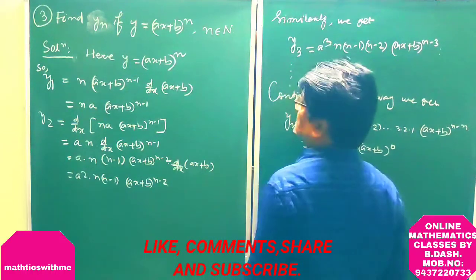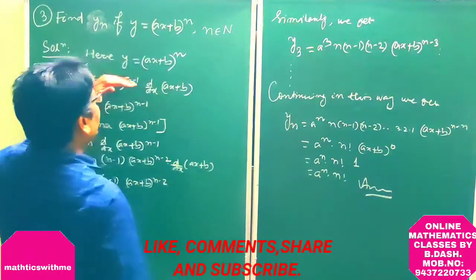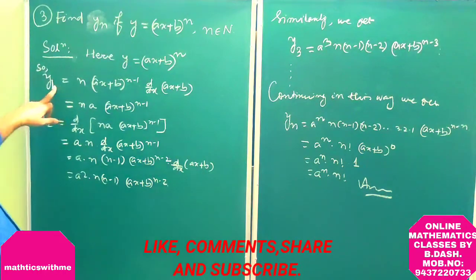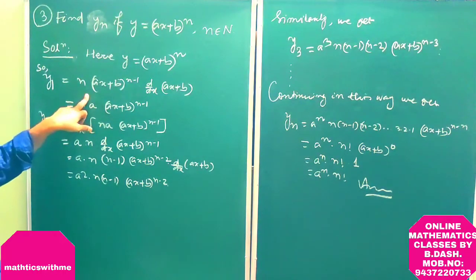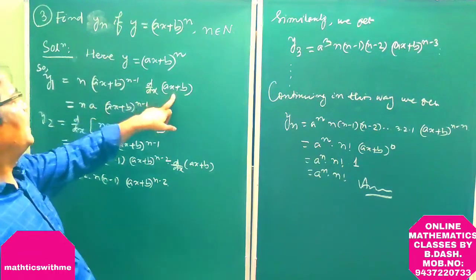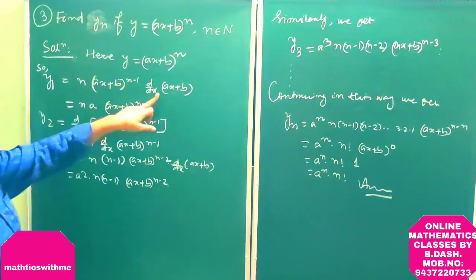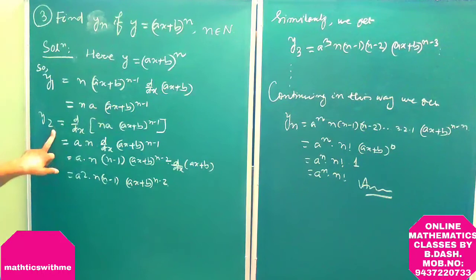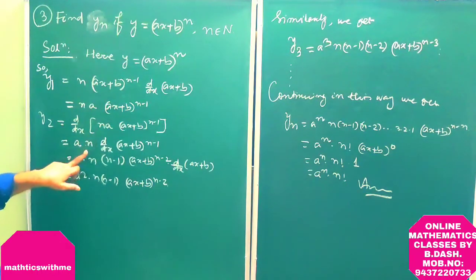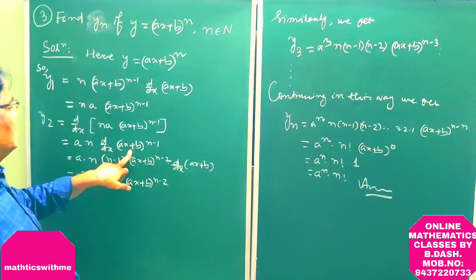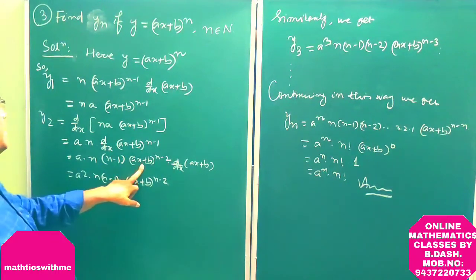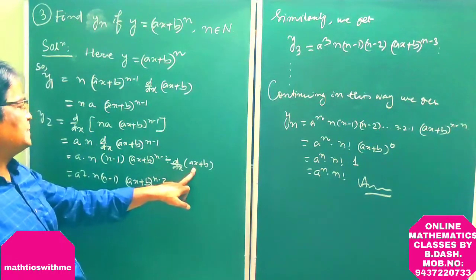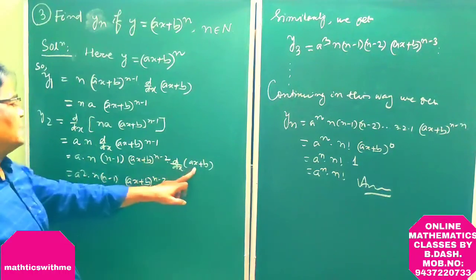Answer. So here y is equal to (ax + b)^n is given to us, and we have to find the nth derivative. Now y1 is equal to n (ax + b)^(n-1) times the derivative of ax + b, which is a. Now y2 is the derivative of this expression: n a is a constant, the derivative of (ax + b)^(n-1) is (n-1)(ax + b)^(n-2) times the derivative of ax + b, which is a.